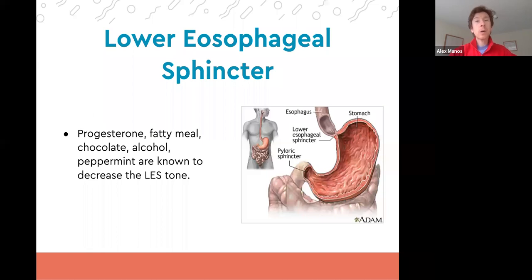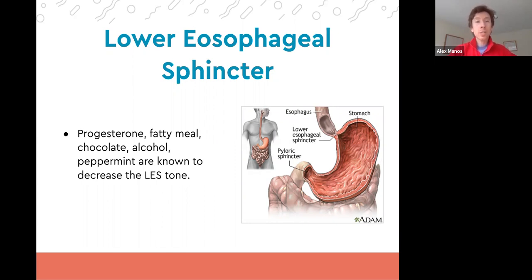And this is the lower esophageal sphincter. You can see on the right-hand side, we have the stomach, and the sphincter I always describe as a bit like a trap door. Ideally, it is preventing stomach content from going back up into the esophagus. So the tone of this sphincter has a big role to play, and there's a lot of research behind how a lower tone is associated with GERD.